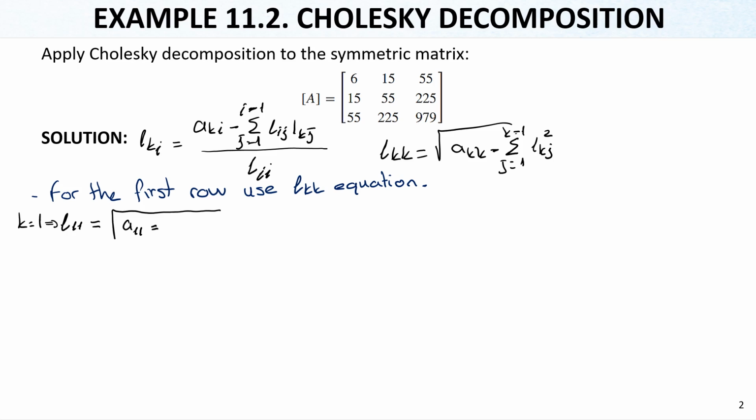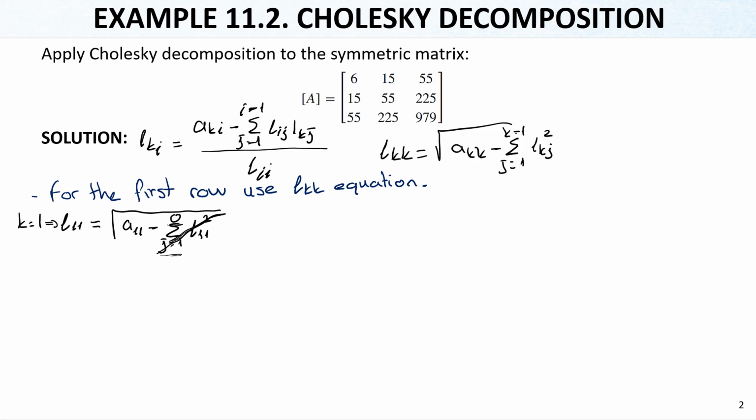minus, here this is minus, so minus here, in the summation k minus 1 means 0, j equals 1, and L1j square. So this goes from j equals 1 to 0, meaning that actually this term doesn't exist. So here we have to be careful.